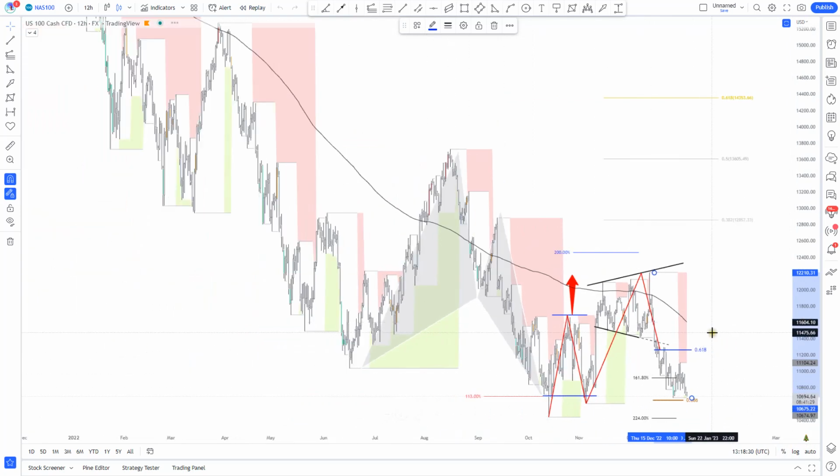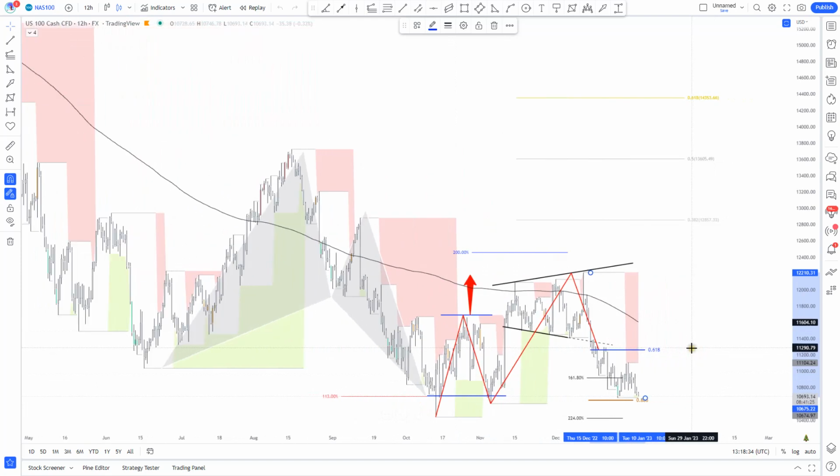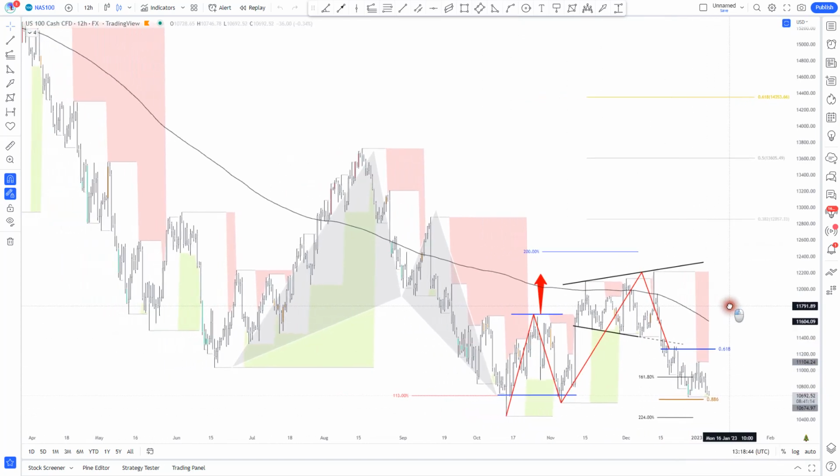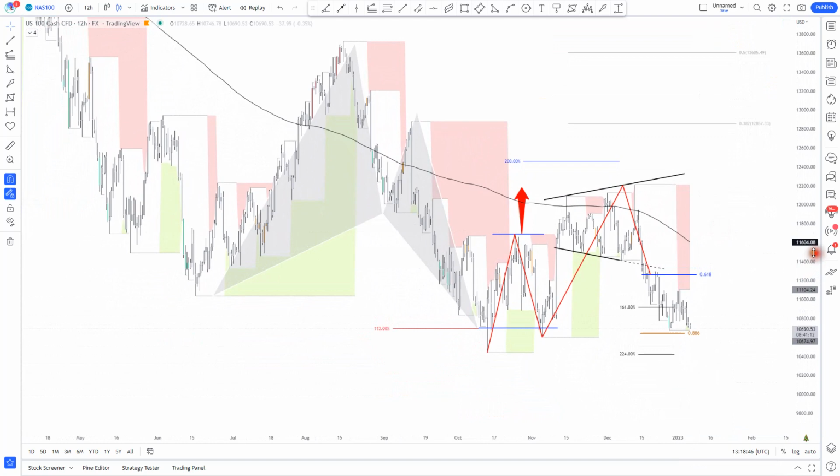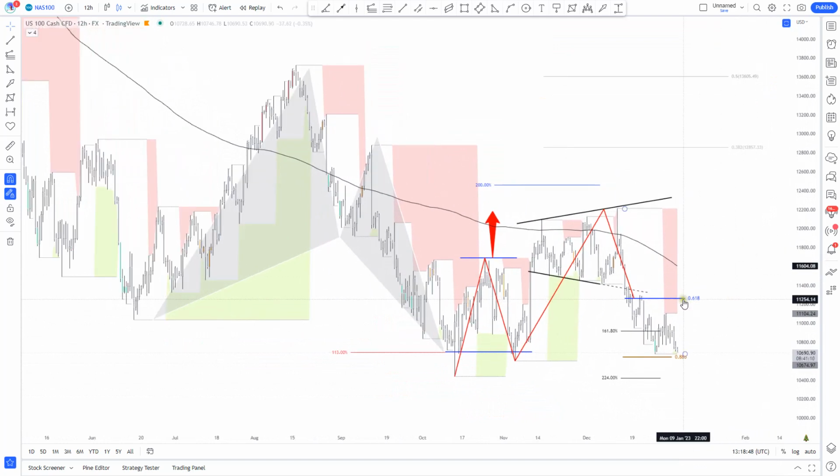Okay, so basically it's still open, the possibility for a bounce for the Nasdaq without breaking these previous lows. But at this moment the price does not suggest that to happen. So the market has failed to find support at the golden fib.